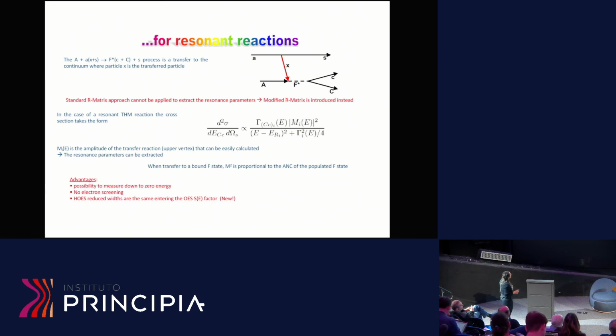Essentially, what you do is get this two-body cross-section from experiments, run this modified R matrix, determine your resonant parameters, and use these resonant parameters to determine the on-energy-shell S factor, something that you can easily compare with direct measurements.